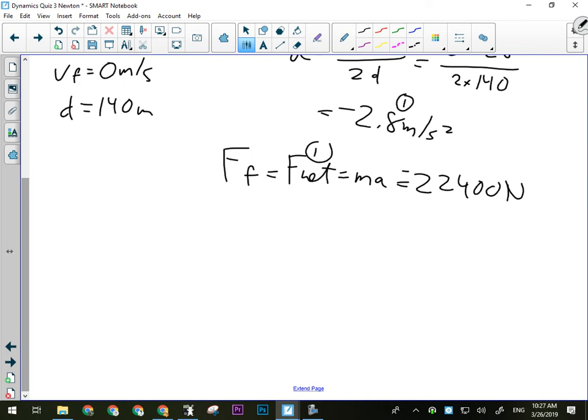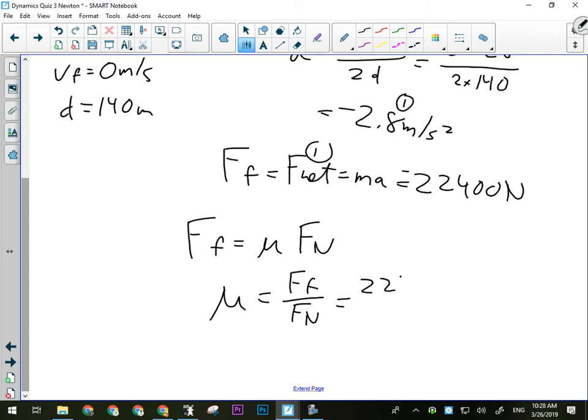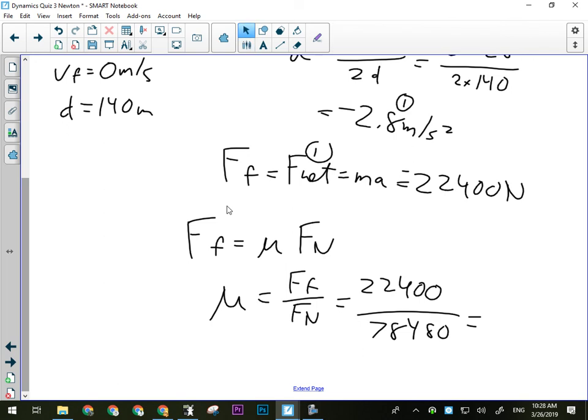And then we're going to calculate the coefficient of friction. So the force of friction equals mu times the normal force. So to get mu, we're going to have force of friction divided by normal force. Okay, so that'll be 22,400 newtons divided by our 78,480 newtons, divided by our normal force.